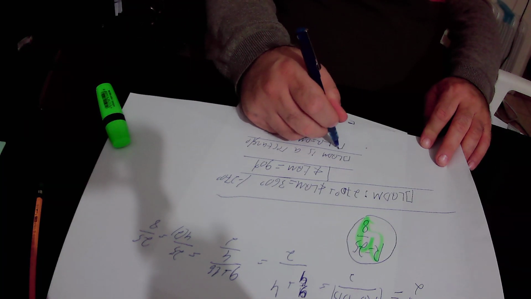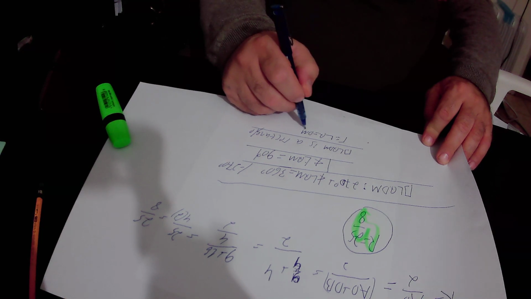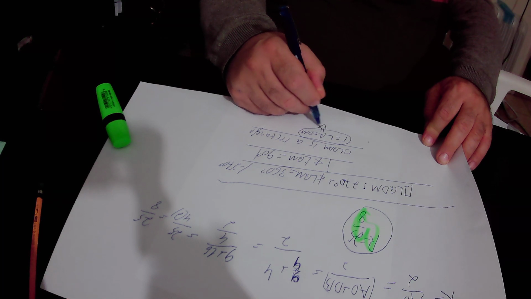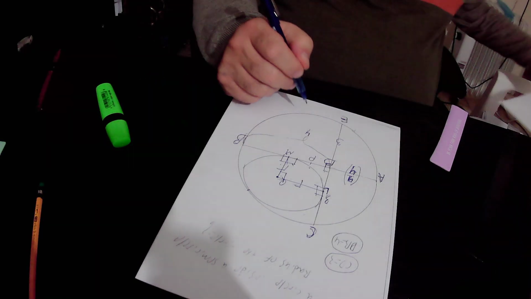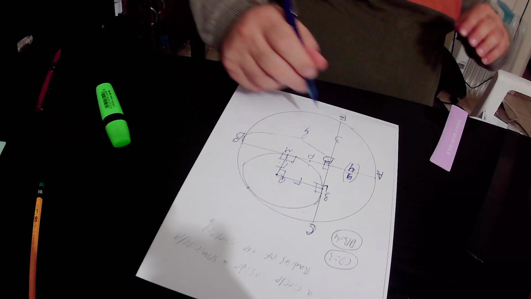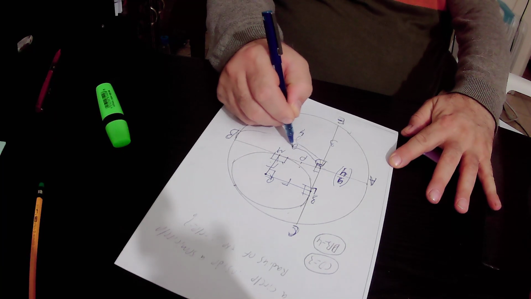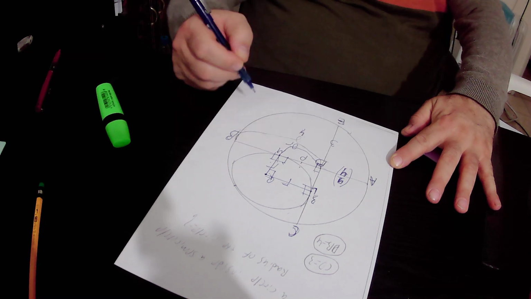From the equation r equals LQ equals DM, we derive that DM is also equal to r. So I can write down here that DM is equal to r, the radius of the small circle.